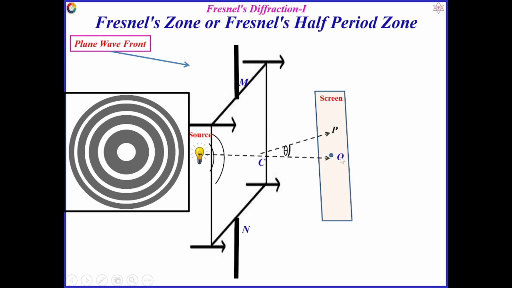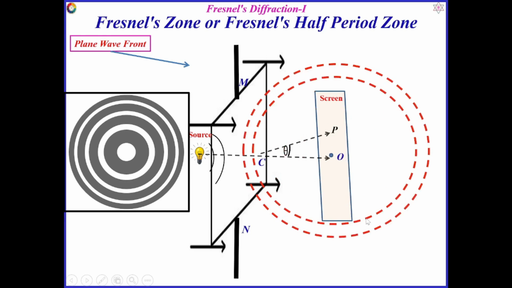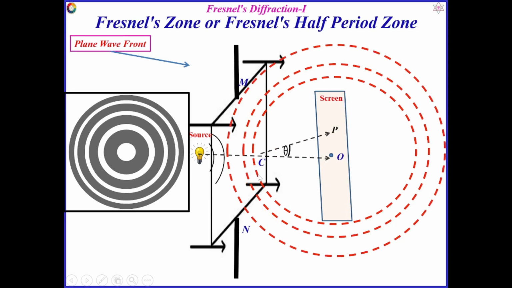That means we consider the straight line path from the source, it will meet at O, and this point O will be considered as the center. Considering this point as center, we draw the imaginary spheres for 3D or circles for 2D. They cut the wavefront, and we get the half period zones. This is the first, second, third and fourth and so on half period zones. These are the imaginary spheres.